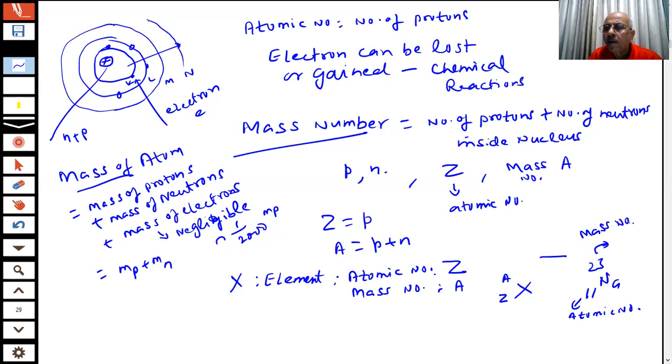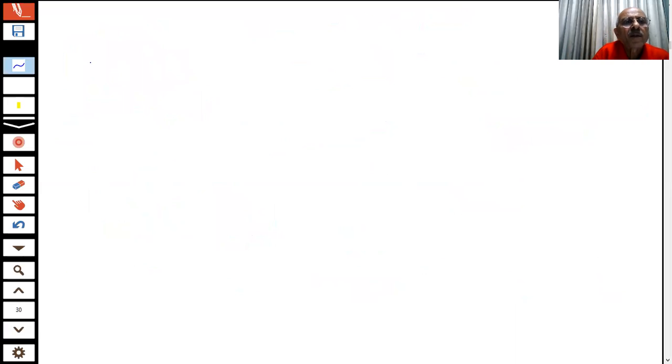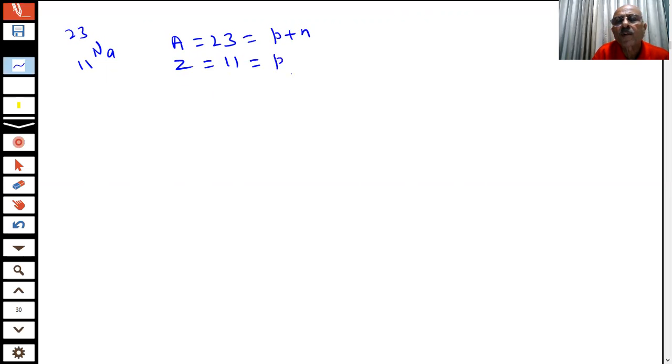So A is equal to 23 and Z is equal to 11. Therefore, 23 is equal to P plus N, and 11 is equal to the number of protons.